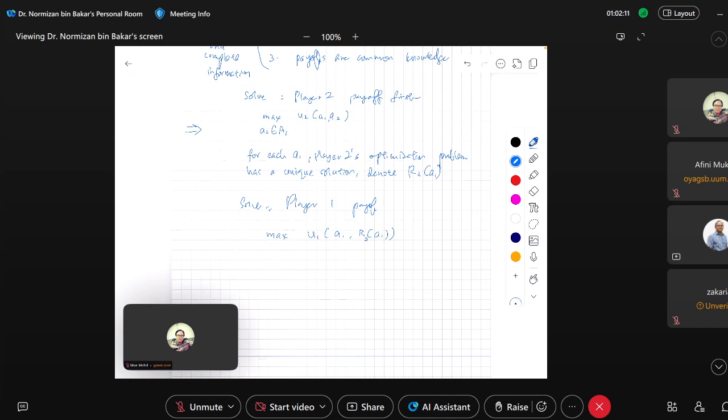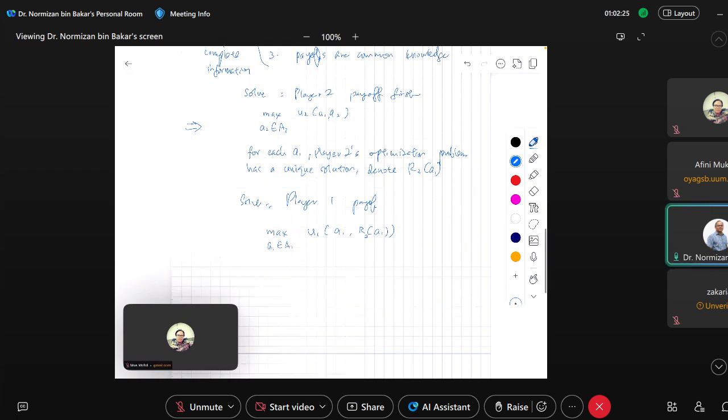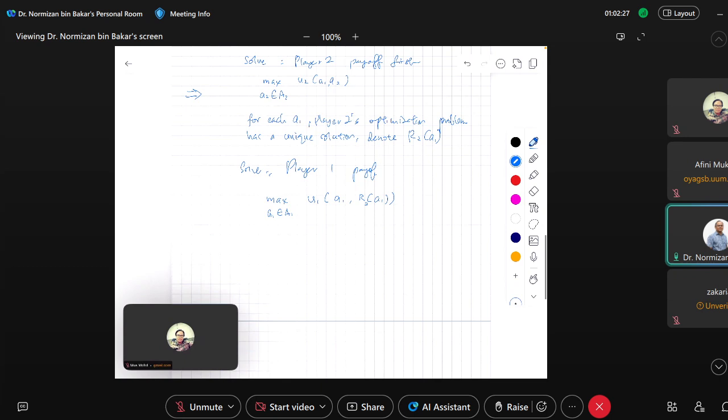Okay? So we make player 1's choice. There is a set of player 1 strategies. So if there is a unique solution, let's say the solution is A1 asterisk.